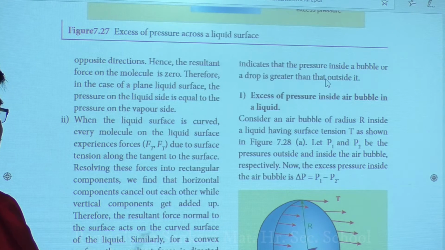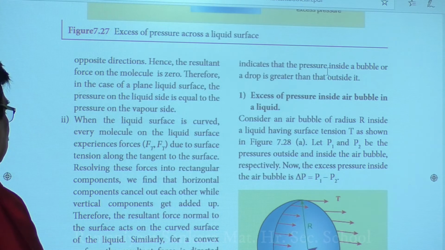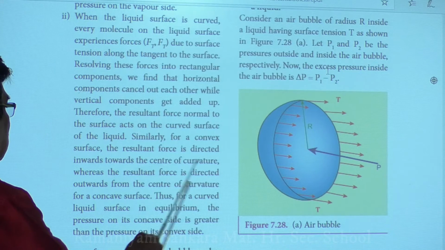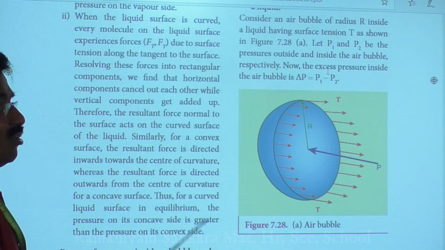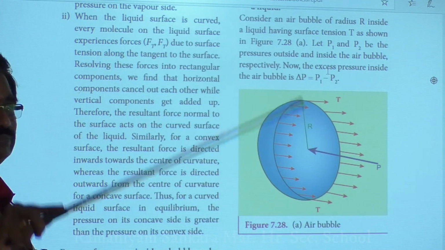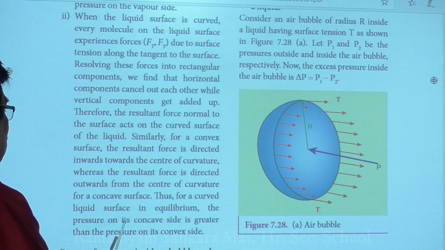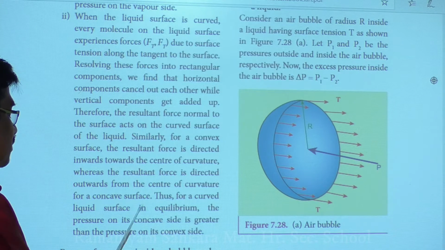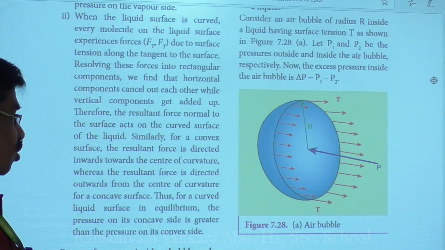Similarly, for a convex surface, bulging upward, the resultant force is directed inward towards the center of curvature, whereas the resultant force is directed outward from the center of curvature for a concave surface, which is hollow. Thus, for a curved liquid surface in equilibrium, meaning at rest, the pressure on the concave side is greater than the pressure on the convex side. This is very important, one more question: the pressure on the concave side is greater than on the convex.